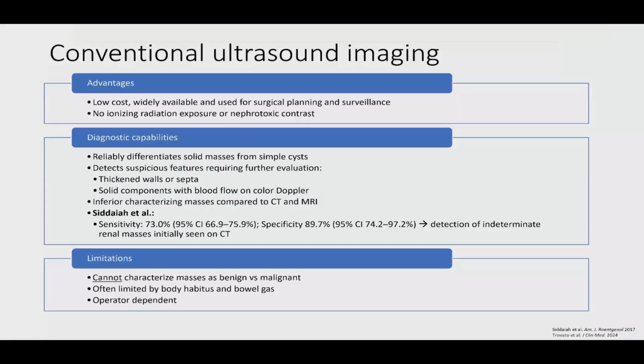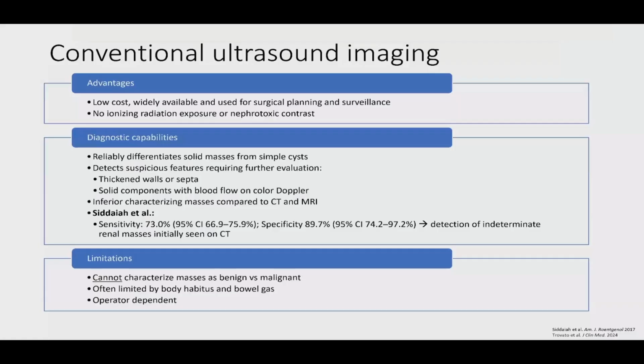It can identify features that are associated with malignancy, like thickened walls or septa, and it can also sometimes determine on Doppler if the solid mass has vascularity. When compared to CT or MRI, though, it is inferior at characterizing masses.